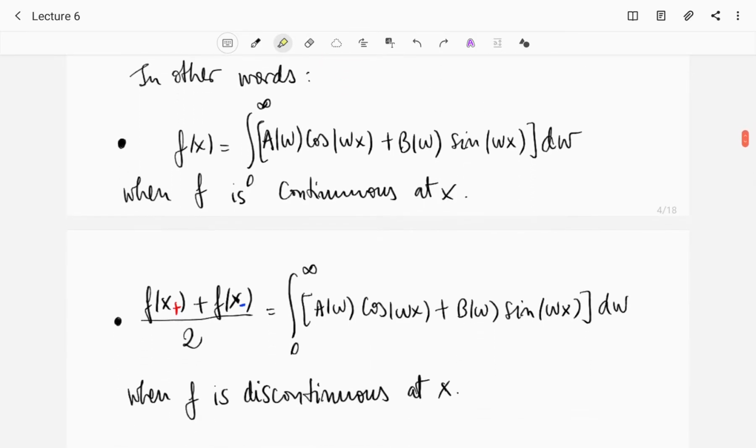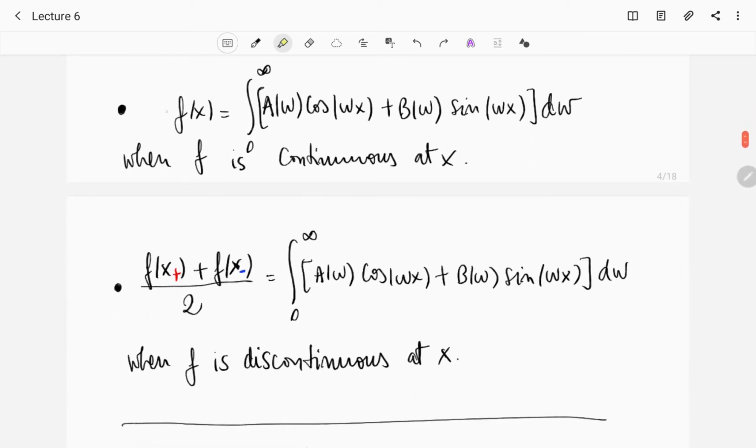So in other words, we have these two identities. f of x is exactly this Fourier integral representation when f is continuous at x. So here we have our new functions, a of omega and b of omega. And we have this average here of the right and left limits when f is discontinuous at x.